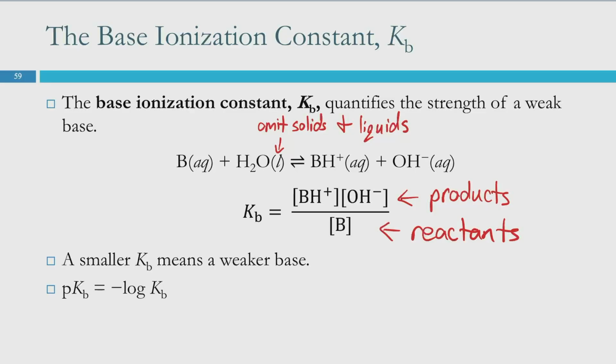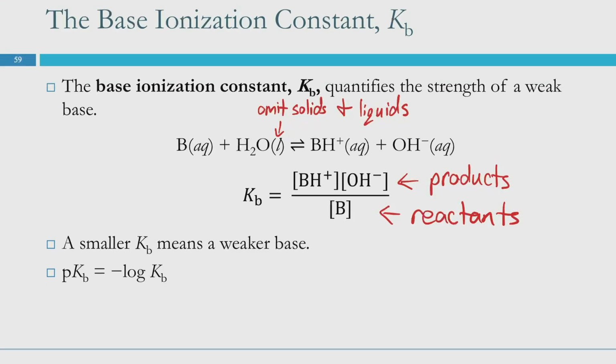Another thing that we can do with K values, like our Kb, is we can add a little p in front and calculate something called a pKb. The p, of course, being negative log.